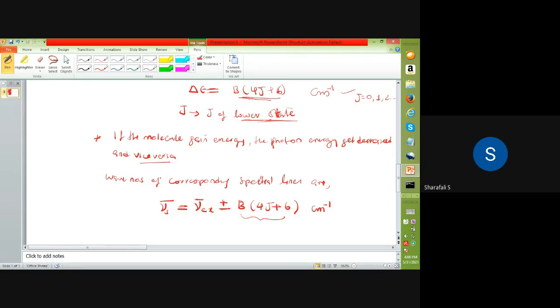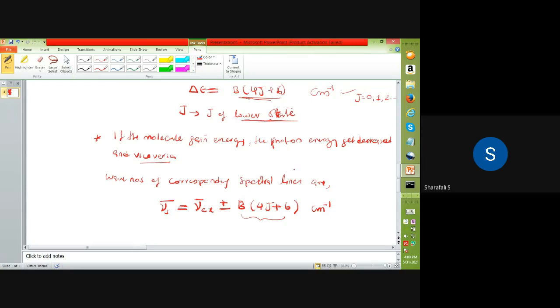Because of that inelastic scattering, some energy will be exchanged: the photon gives energy to the molecule, or the photon can absorb energy from the molecule. That is why it is called inelastic scattering.